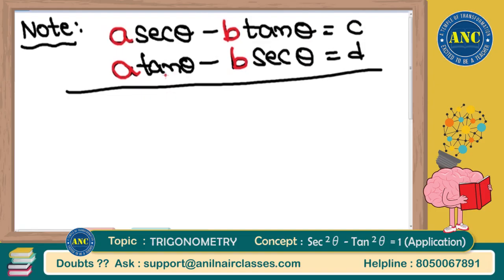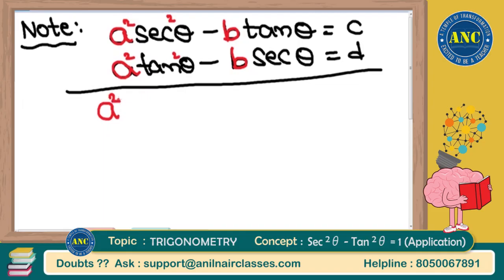Why? Because if I square it and simplify, a square secant square theta. In fact, when you square the entire thing, the 2ab term will get cancelled when I subtract, right? So you will be left with a square secant square theta minus a square tan square theta.